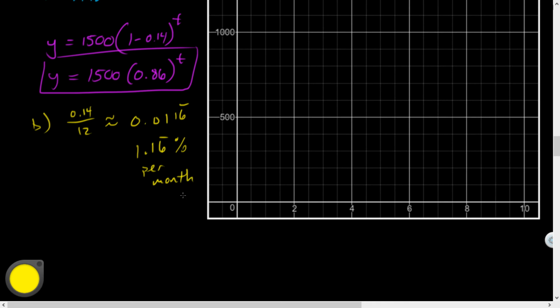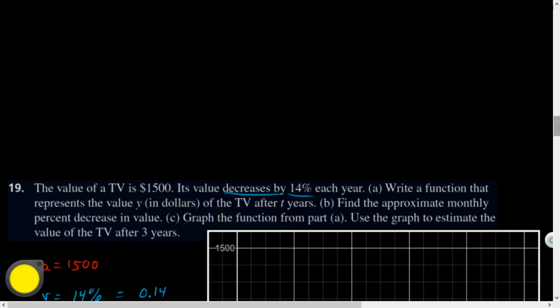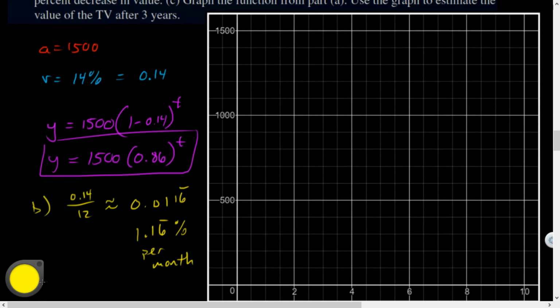Okay. And then they ask us to graph this. So it starts at 1,500. Here's my starting value. My t-axis, or my x-axis, is in years, and it's going to have a value that is 86% each time.